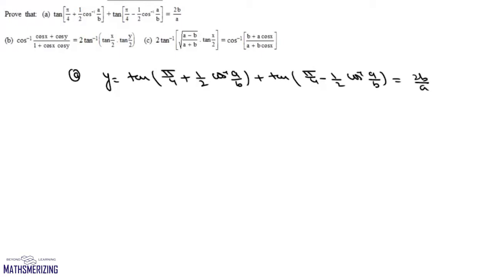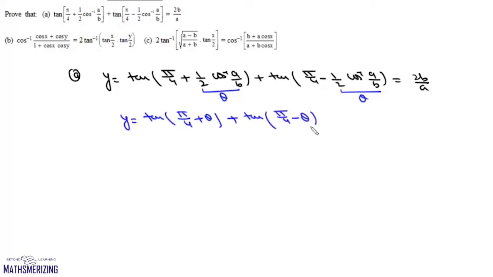Now what we'll do is, we'll take this expression as theta. So we can write y as tan(pi by 4 plus theta) plus tan(pi by 4 minus theta).